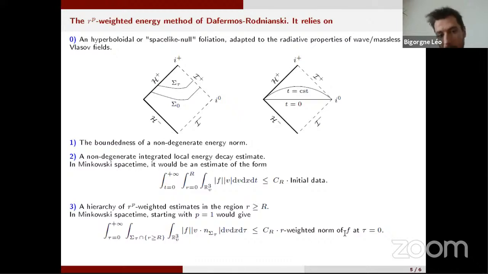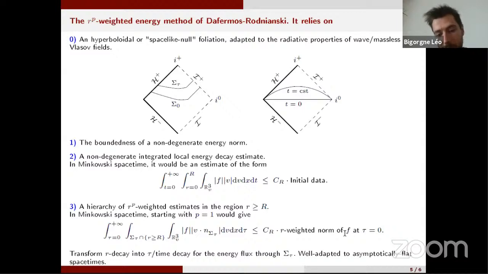And by putting everything together, we can prove decay estimates for the energy flux of f through the foliation. The main idea of the method is to transform spatial decay into time decay without using commutators and multipliers with weight in time.